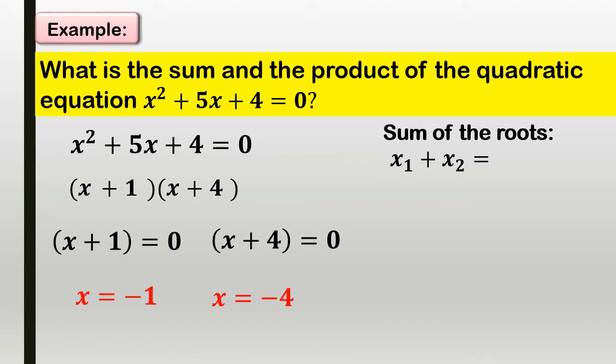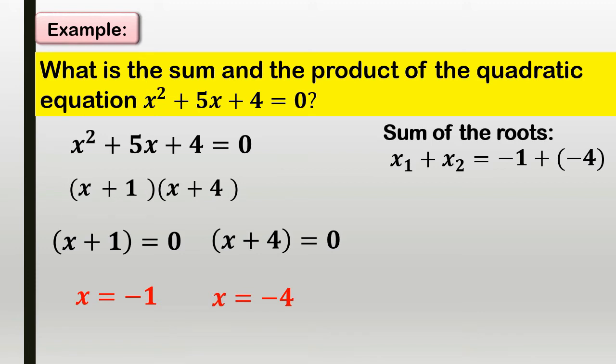Okay, so what is the value for x sub 1? We have here negative 1, and the value for x sub 2 is negative 4. Now, what we're going to do is to substitute the value. So, substitute lang natin, it will become equal to negative 1 plus negative 4.